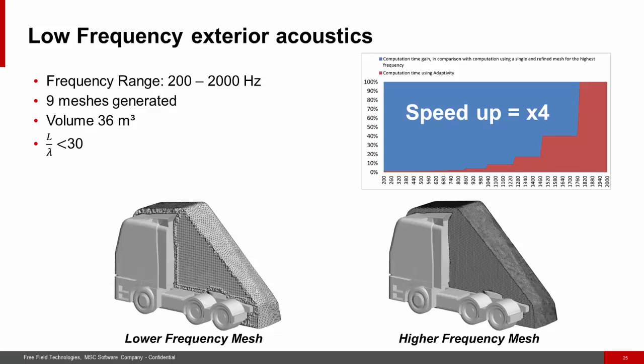In this case, the computational gain was about 4 times faster than the case considering only one mesh for the whole frequency range. And it allowed to compute the acoustic propagation of this kind of model within 1 day.